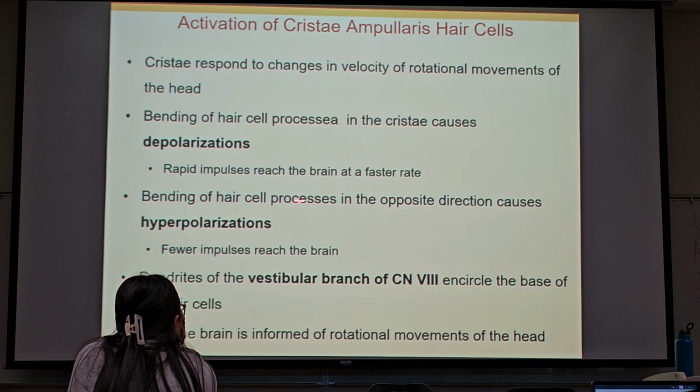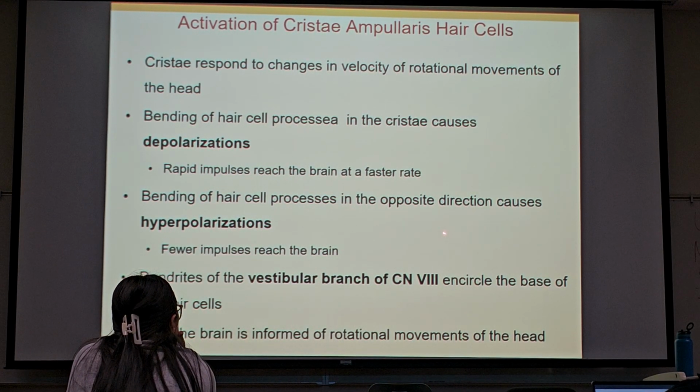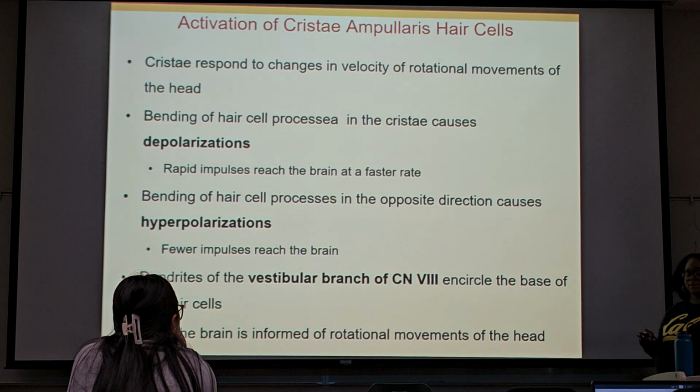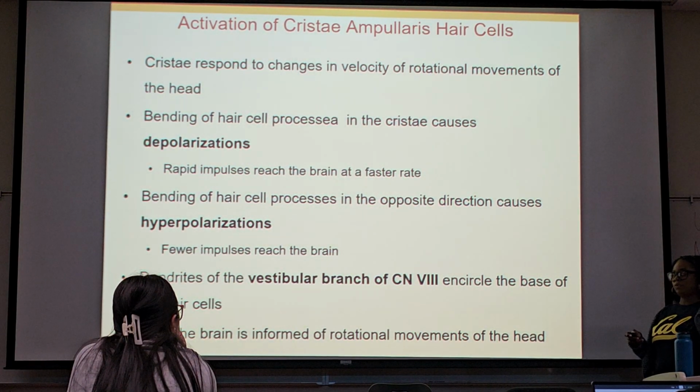When those hair cells are bent in the opposite direction of our spin, we get fewer impulses. But all of this information about spinning, and whether we have stopped spinning, the fluid is still moving, so we feel dizzy.